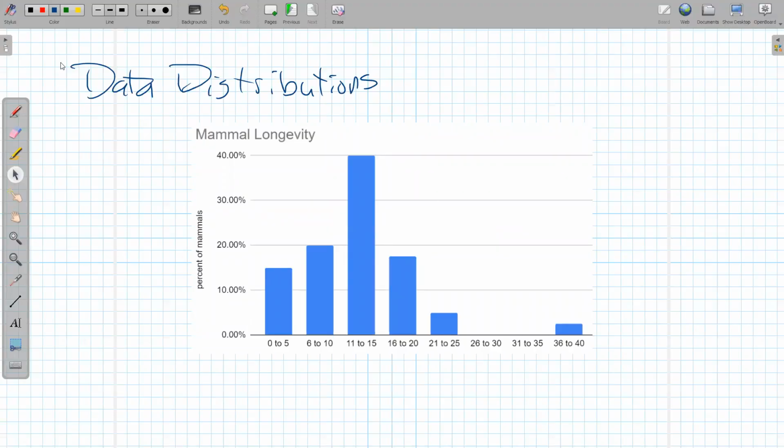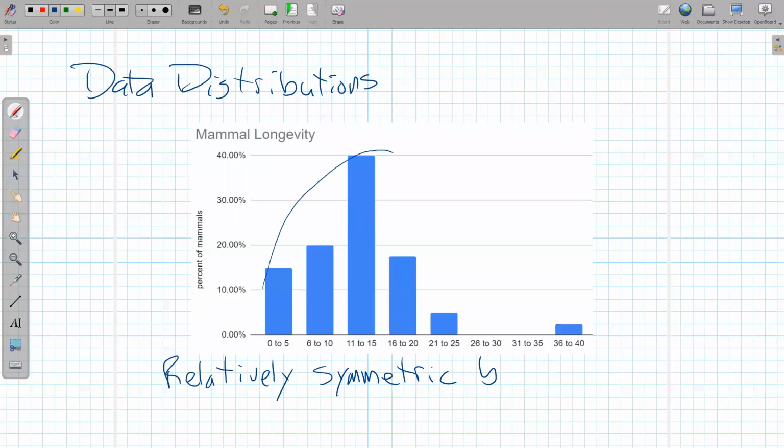In describing this data distribution, I may say this distribution is relatively symmetric. It's got kind of a bell shape to it. But it does have this right tail over here.